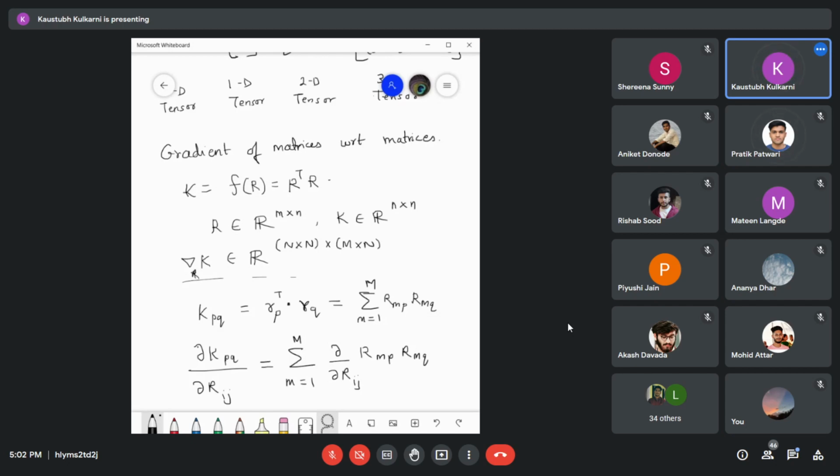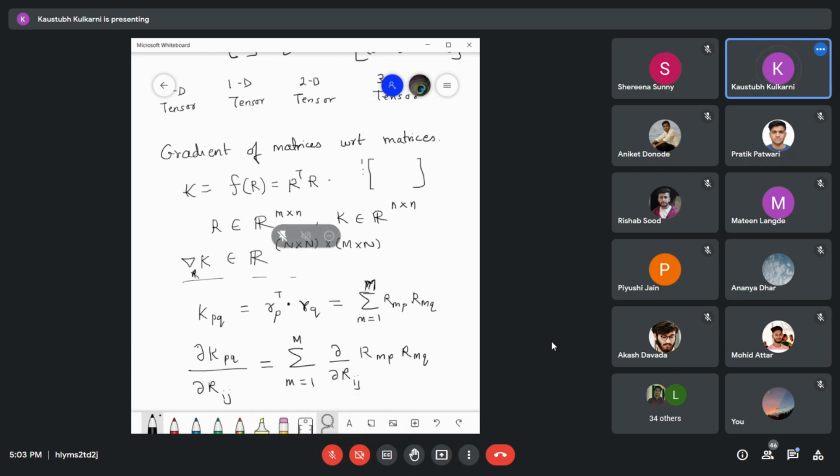First row, because the dimensions are m cross n, so going from the first row to the mth row, multiply every individual... not row, what I mean to say is, you will take a row of R transpose.